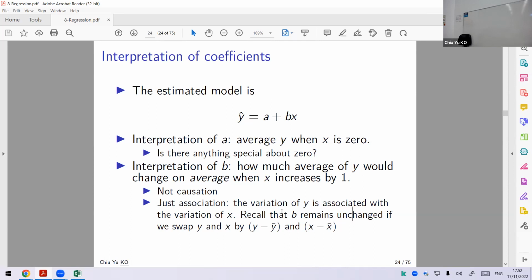If your data is like this, there's a Y, and your model is pretty useless because there's no variance of X. Then what is it going to explain? So basically you are exploiting the variance of X to explain the variance of Y.